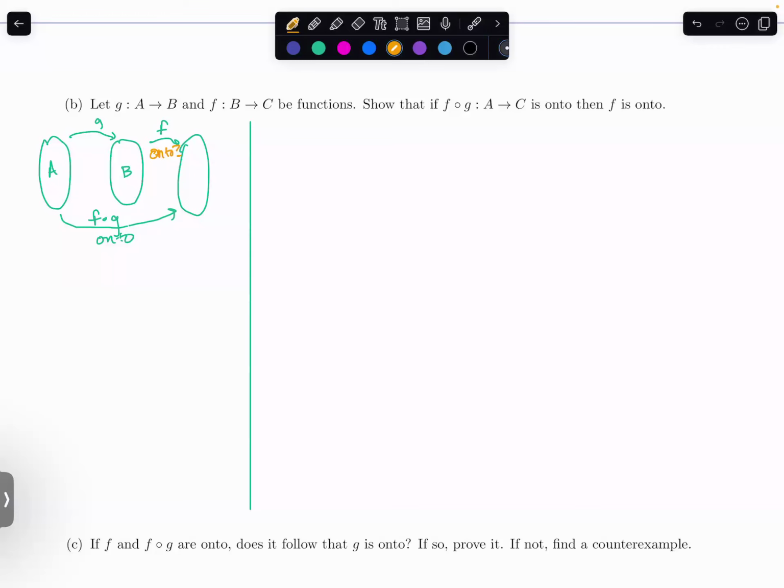So we want to show, we get to assume F of G is onto, and we want to show that F is onto.